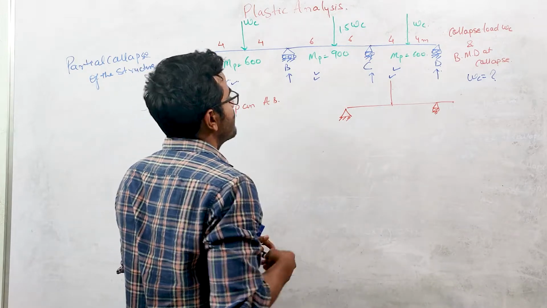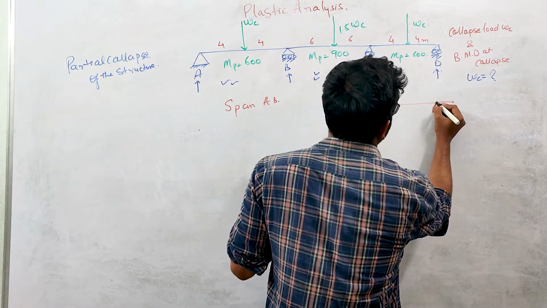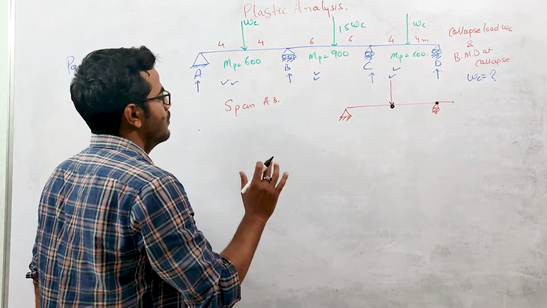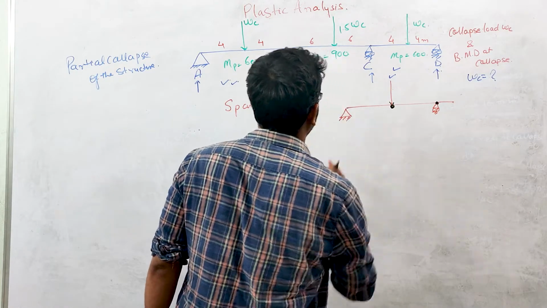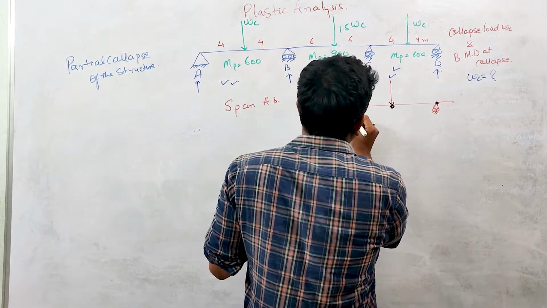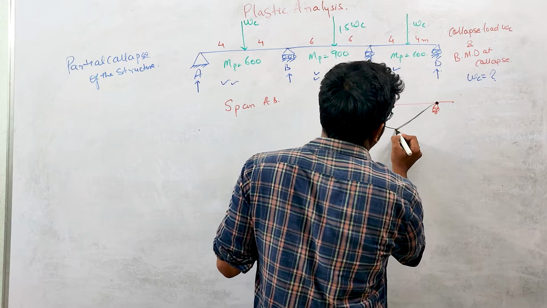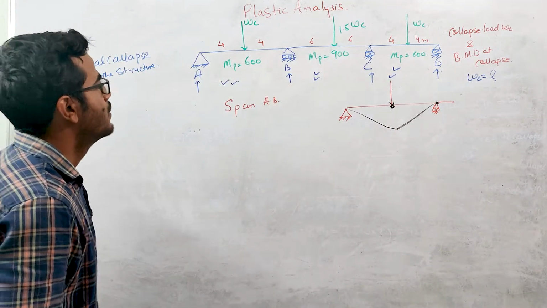One plastic hinge will form under this point load, and one plastic hinge will form at this support, because the moment is there. At this point there is no moment, so there is no plastic hinge over here. When this beam deflects during the collapse, it will deflect like this. This is the deflection during the collapse, which is why we are showing the straight lines.